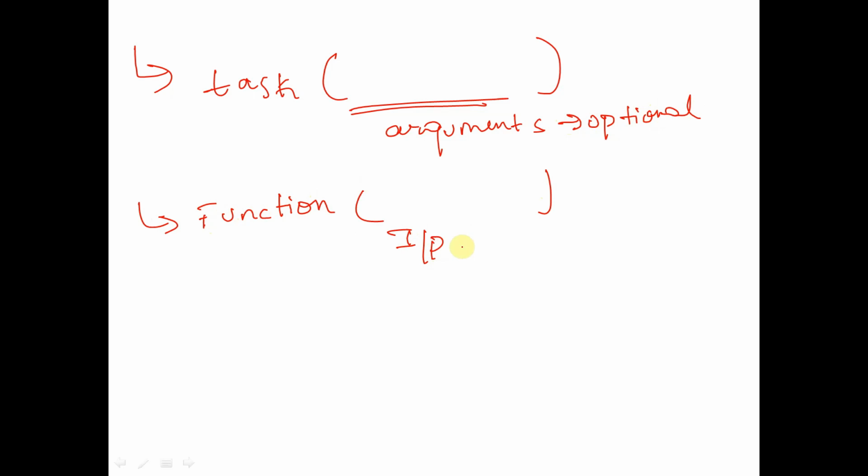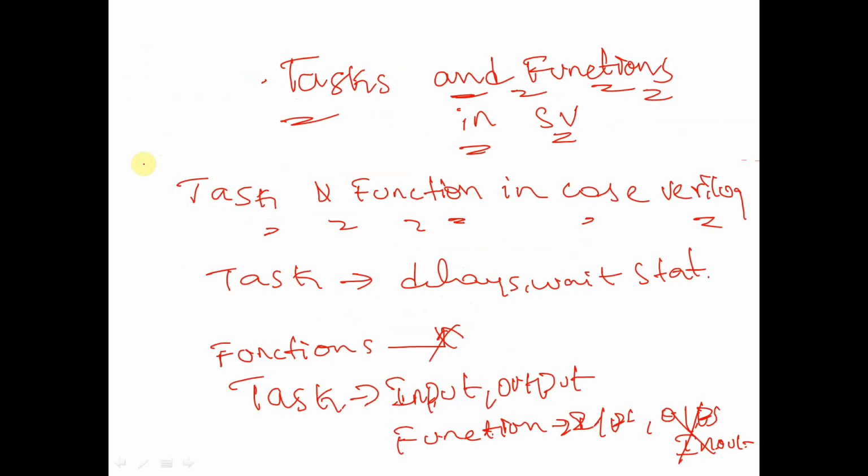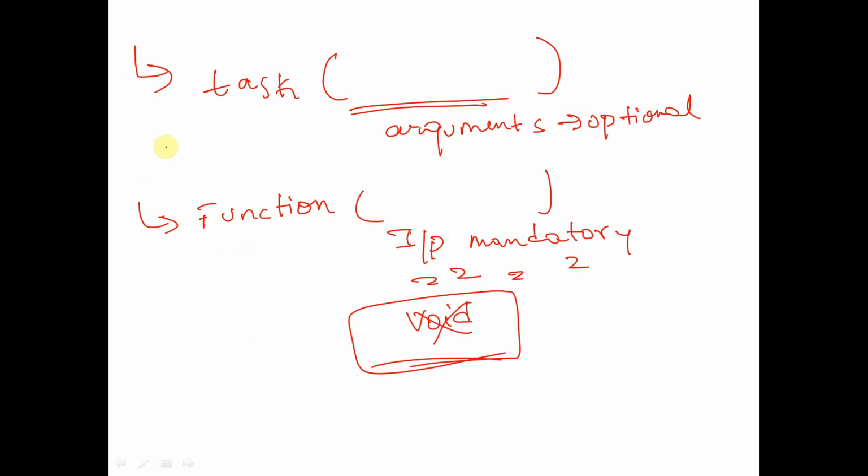Input is mandatory. We cannot mention output and inout. The functions cannot be void type in case of Verilog. So these are some concepts in tasks and functions in Verilog.